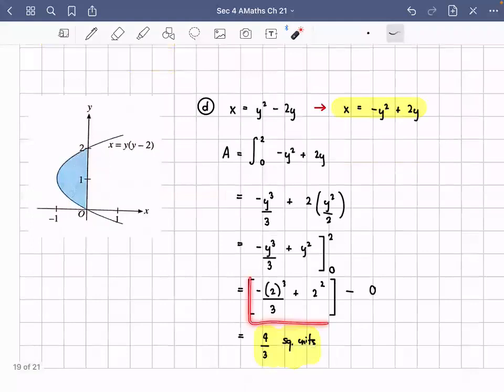This is my upper limit, so I have here negative 8/3 plus 2 squared, minus 0 again, which is basically 0. So evaluating this, my answer is 4/3 square units. So that's the area of the shaded region for number 10, letter D.